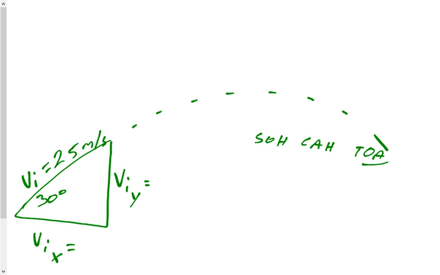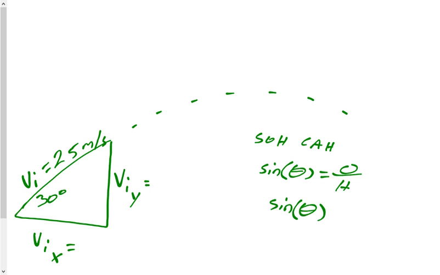I don't really need the TOA part at all for this, so I'll go ahead and get rid of that. The sine of the angle theta is equal to the opposite over the hypotenuse. If I were to find the opposite side of the triangle, and in this case, this is the opposite side, I'm going to multiply each side by h, and I will get that the sine of angle theta times the hypotenuse is equal to the opposite.